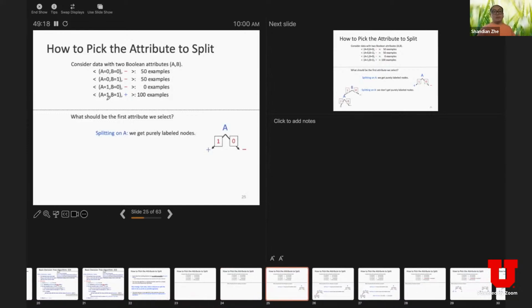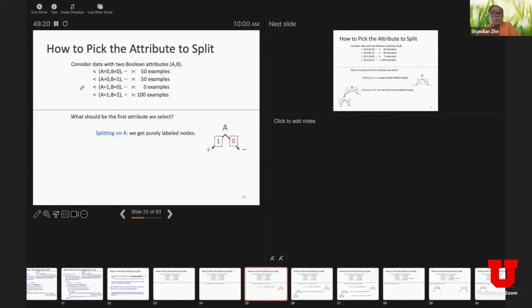If we use A to split, when A equals 1, this corresponds to this one, so we get 100 positive examples, and when A equals 0, it corresponds to this subset, and we get 100 negative examples. Seems very good, and each subset achieves maximum purity.